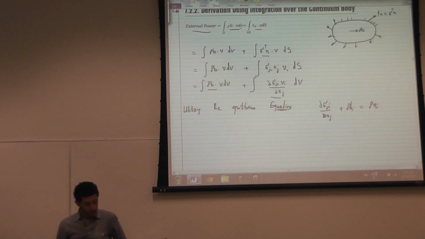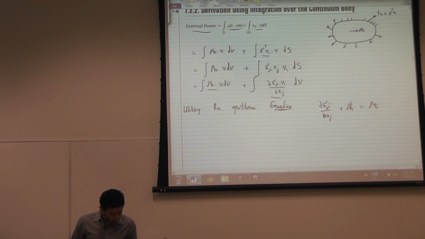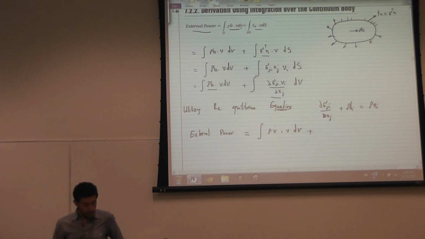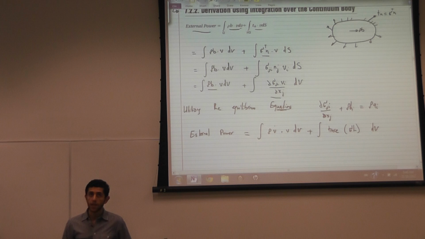When you utilize this, you will get that the external power supplied is equal to the integral of rho v dot v integrated over the volume plus trace sigma L integrated over the volume, following exactly what we did earlier.